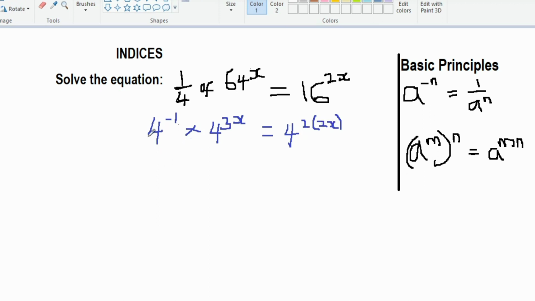So let's continue. Now we have 4 raised to power minus 1 times 4 raised to power 3x.